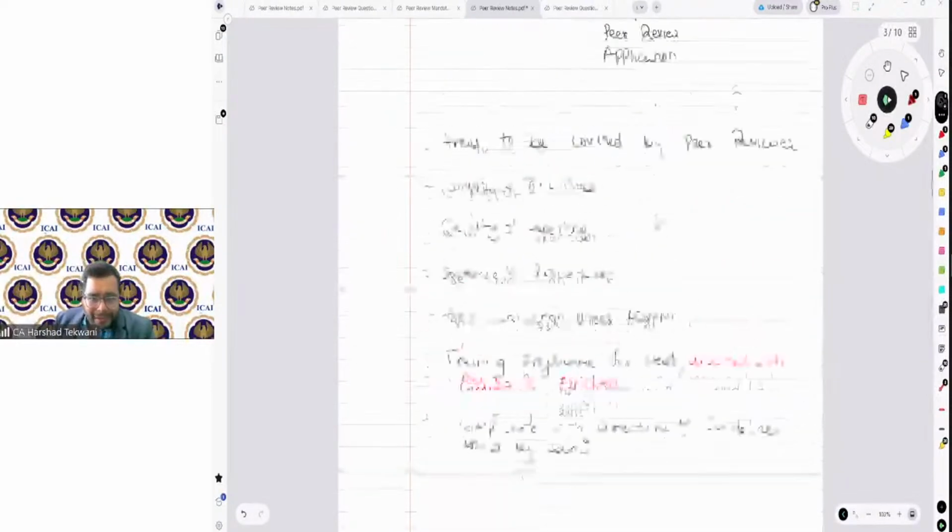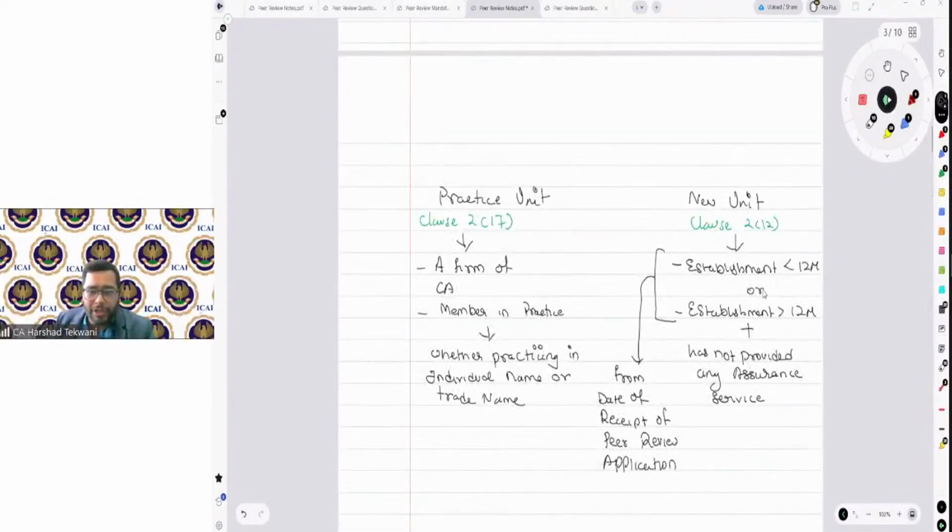Okay. And we discussed the new practice unit definition also, that it should have been established either less than 12 months ago, or if it is established more than 12 months before, it should not have provided any assurance service. Okay. These are the conditions for the definition of a new unit.